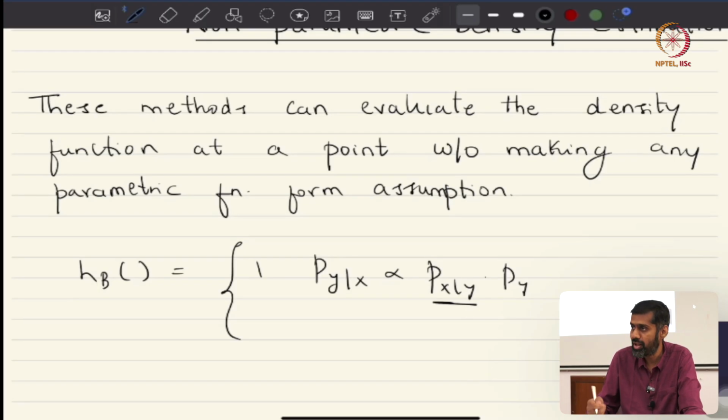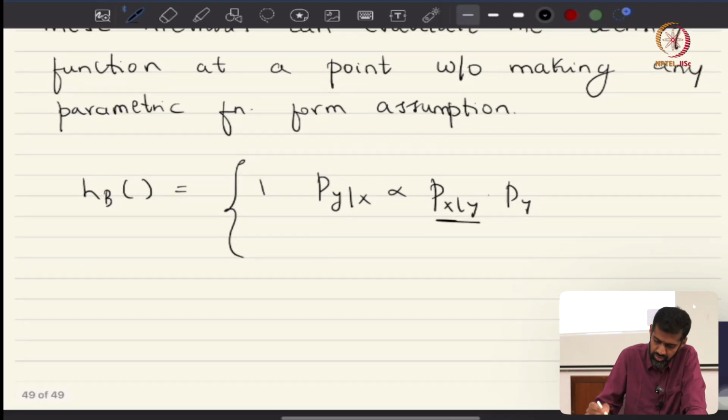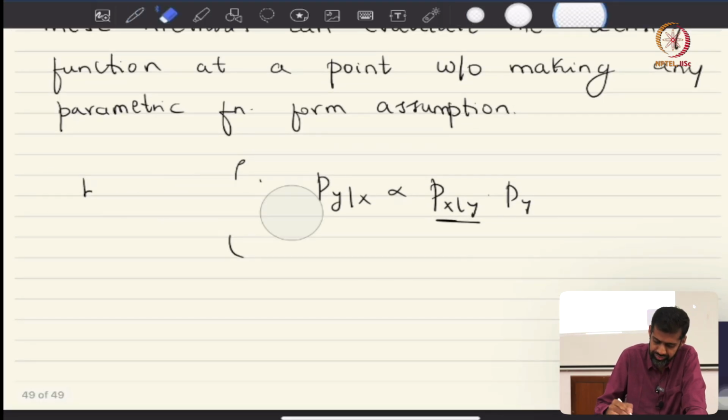So we can use non-parametric density estimates for constructing a Bayes classifier, for instance. Not always is it enough to have the density function evaluated. In some use cases you need the functional form as well, but there are cases where you do not need the functional form to be estimated, you only need the density computed at a particular point, and non-parametric density estimates will help you do that. Okay, right. So now let us look at how to do this.